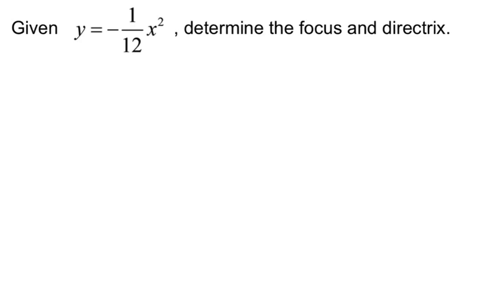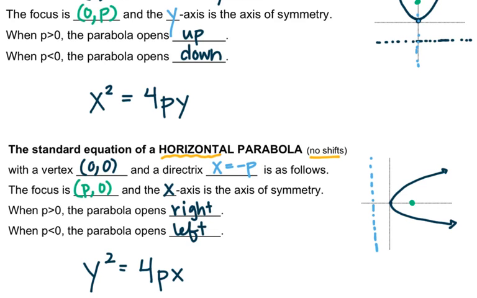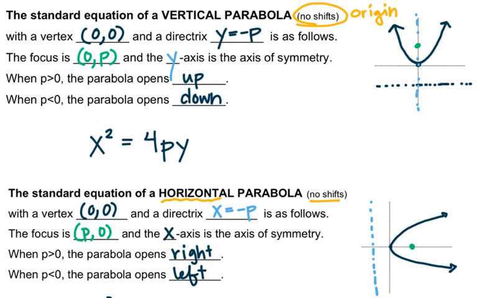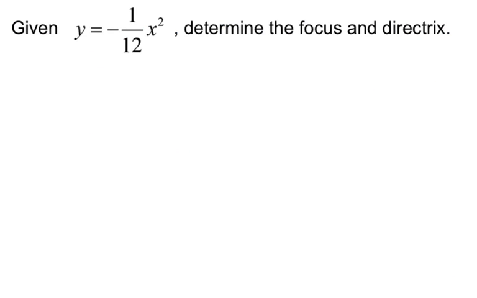Now, which type is it? Is it a vertical or a horizontal parabola? We have x squared, and x squared is a vertical parabola. So this parabola is going to be opening up or down, and we will determine that direction by considering the p-value.